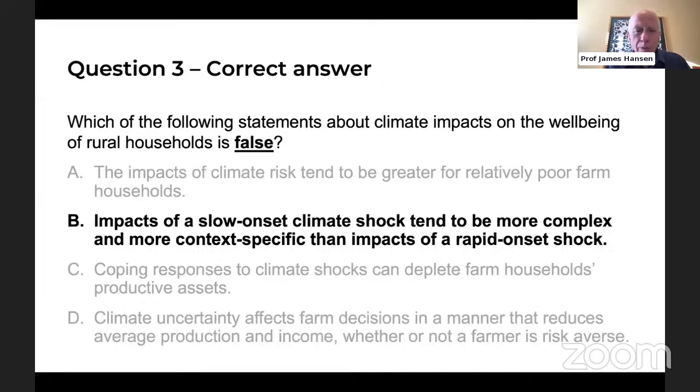The opposite is true. Just because the slow onset shock almost always refers to drought. Rapid onset shocks tend to be storms, flooding, things of that nature, which can create a wider range of impacts.